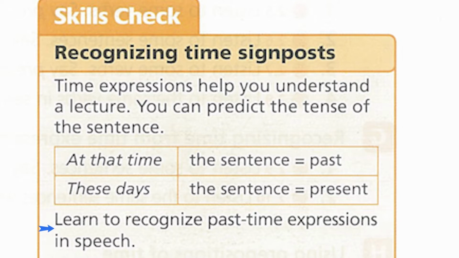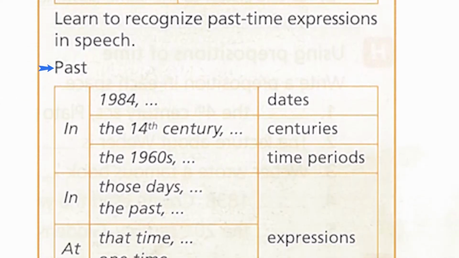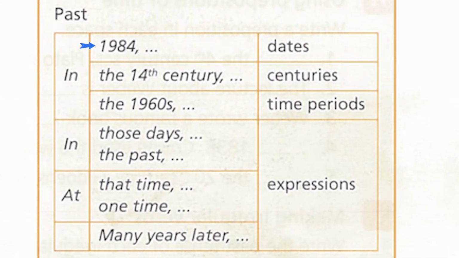Remember to learn how to recognize the past time expressions in speech. So for the past, we have in 1984, which is used for the dates, or centuries like in the 14th century, or time periods like in the 1960s.